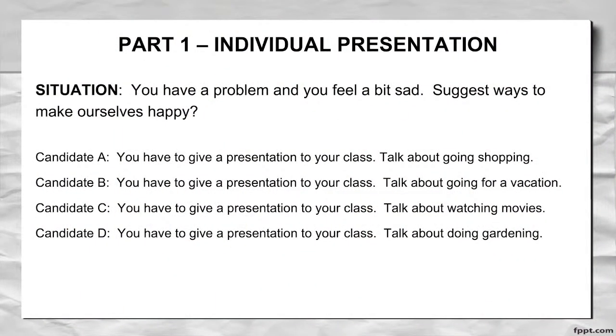If you notice here, candidate A will talk about going shopping. Candidate B will talk about going for a vacation. Candidate C will talk about watching movies. And candidate D will talk about doing gardening.